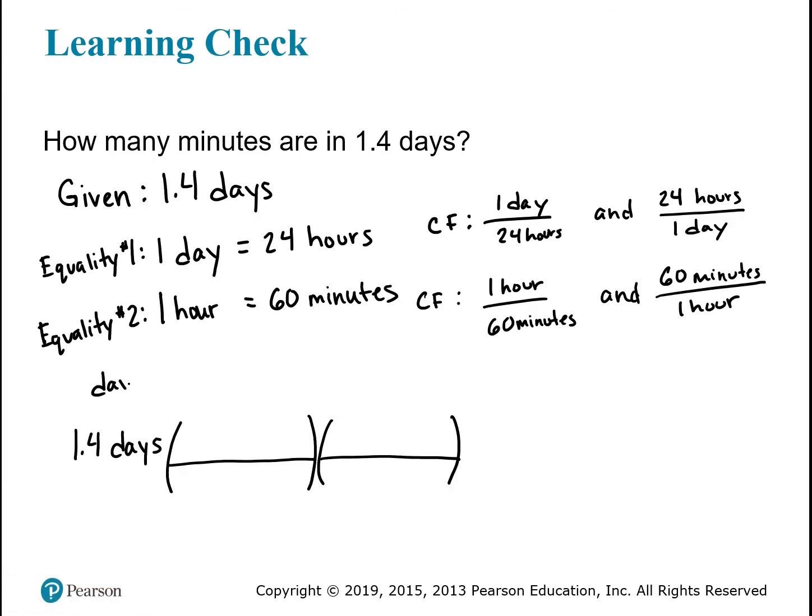We're going from days to hours, and from hours to minutes. That way, when we do our unit analysis, we can check it off and make sure that we're on the right track. Days are in the numerator. That means days must be in the denominator for our first conversion factor.